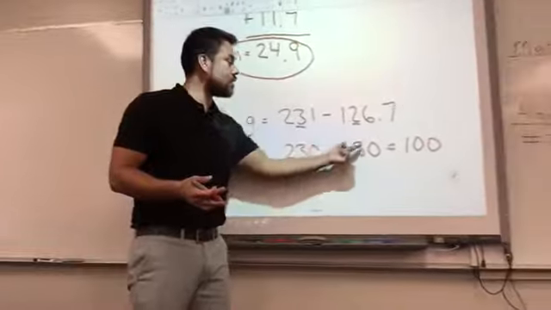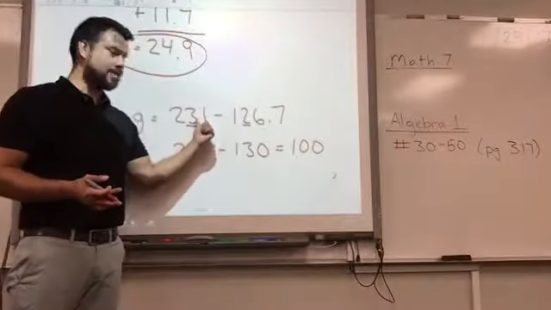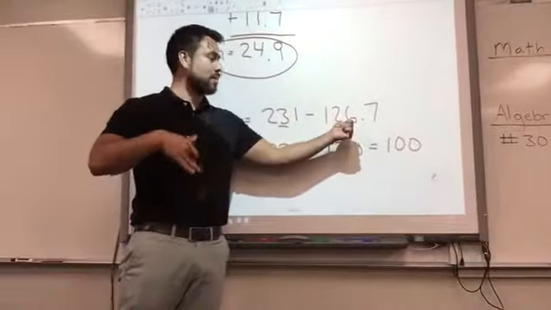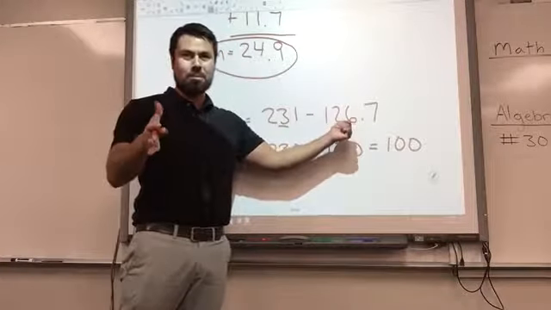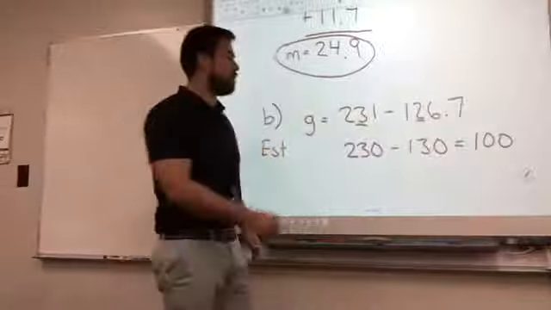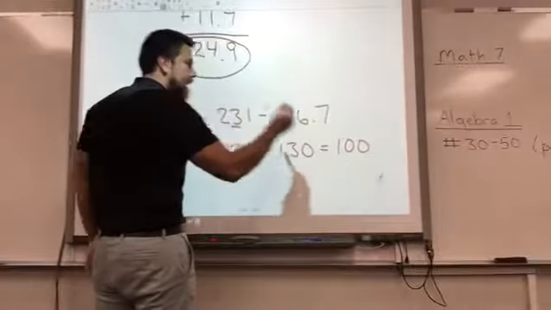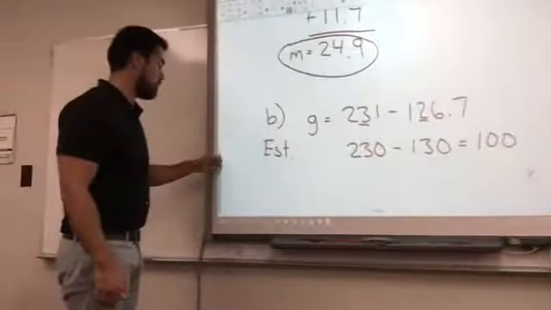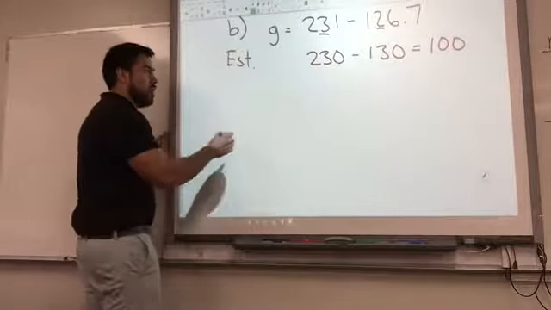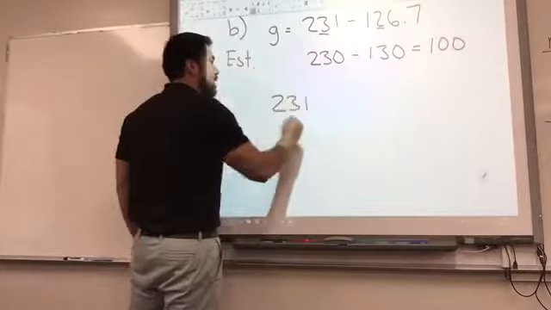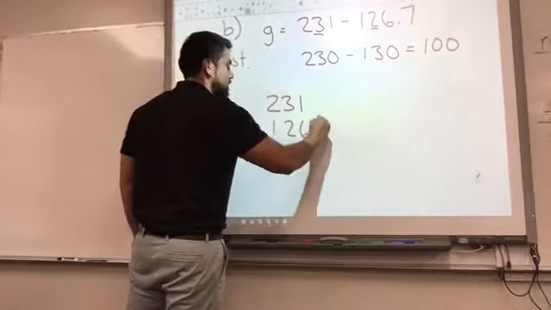Yeah, this is easier. And if I round it to the nearest ones, that stays 231, that becomes 127. I changed it slightly. I basically did the problem without doing the problem. So make it worthwhile, make it easy, and then you can actually do the actual problem and not take that much longer.